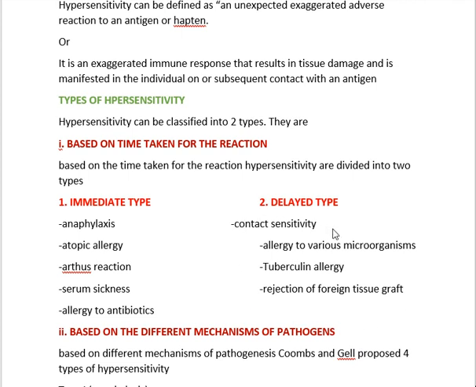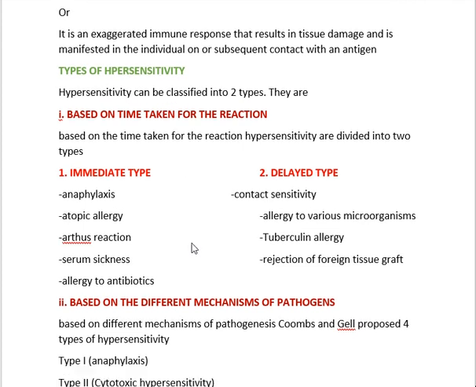These all take nearly more than 48 hours to manifest, so such reactions are classified under delayed type hypersensitivity. These are the two types of hypersensitivity based on the time taken for the reaction.